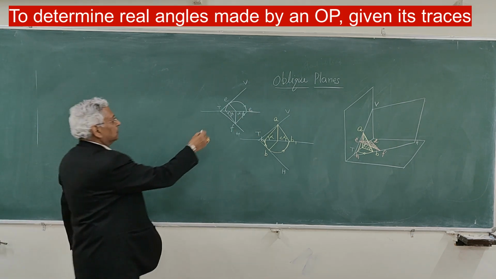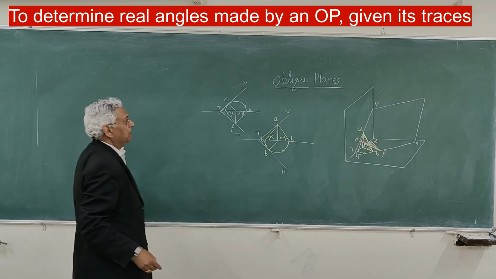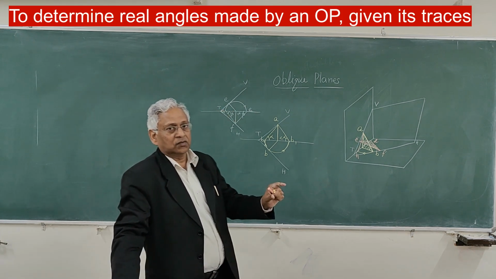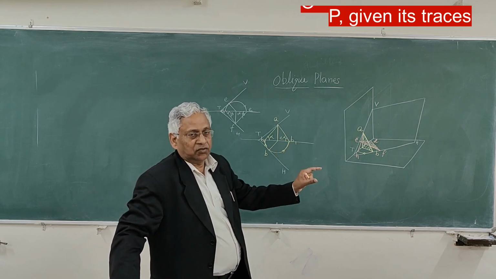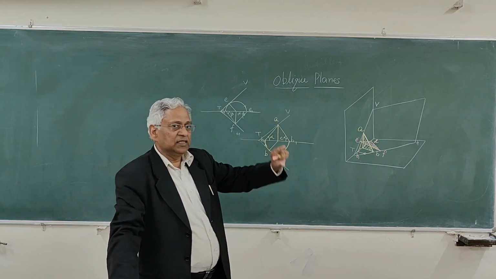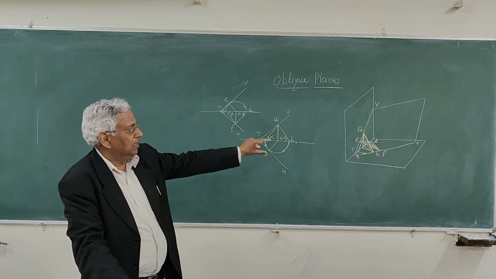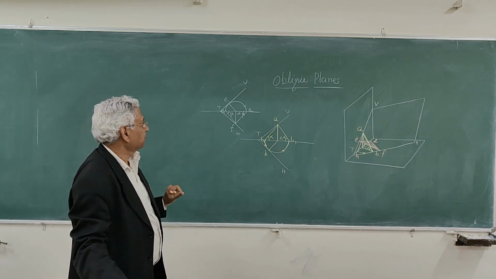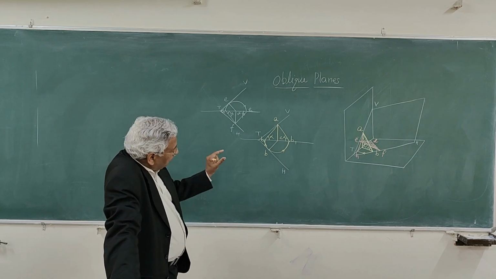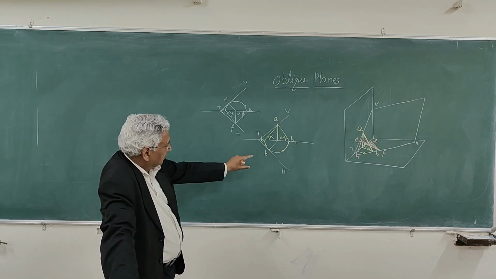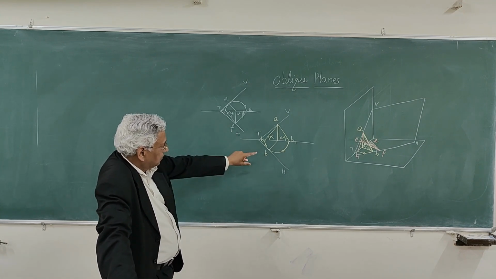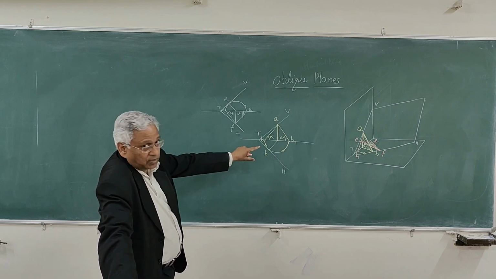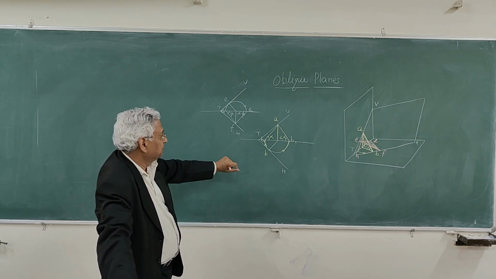That is how you determine the angles made by an oblique plane with the reference planes once you know the VT and HT. The principle is the same: you consider a line in the oblique plane perpendicular to the intersecting line with the plane. If you look at these two figures, you can join them together and determine alpha and beta in the same figure.